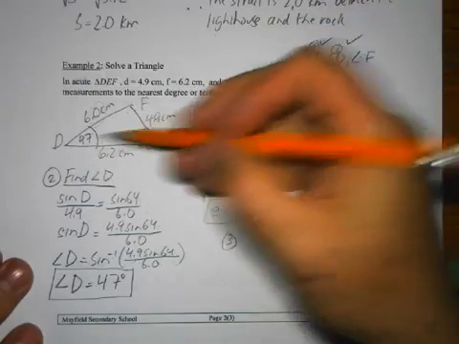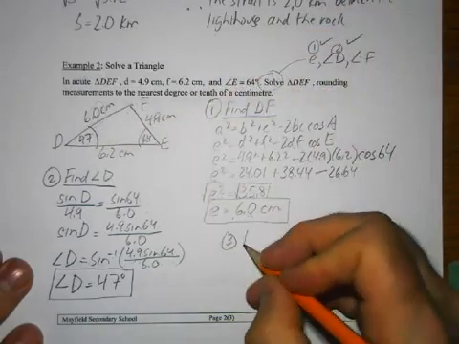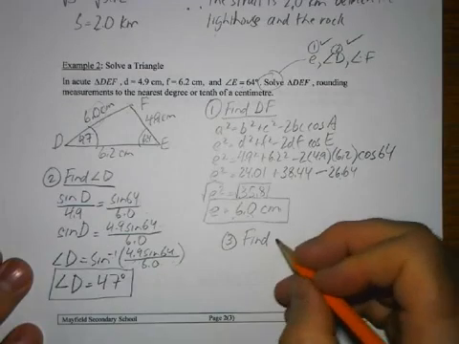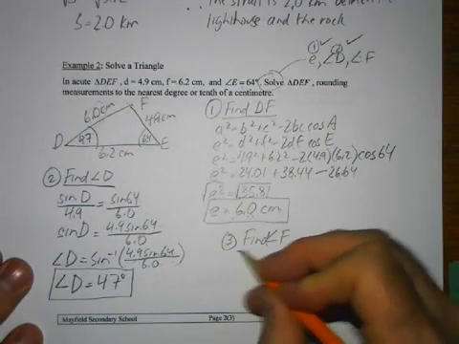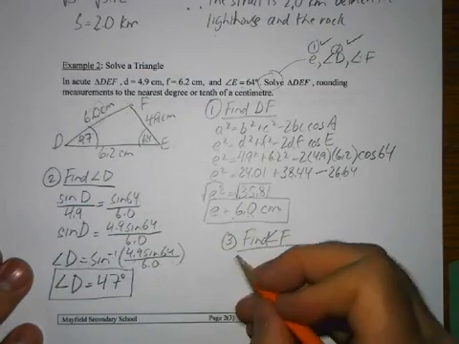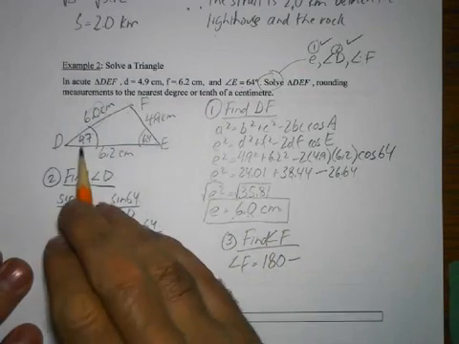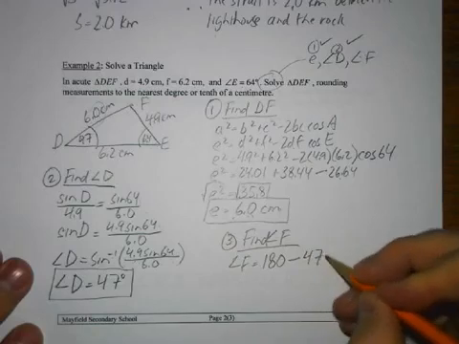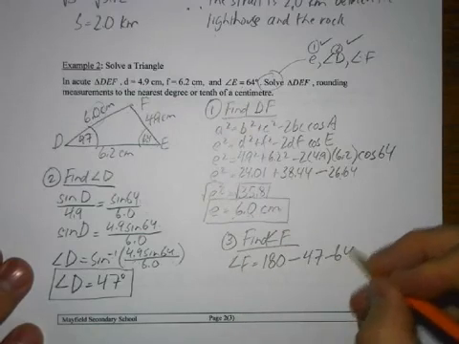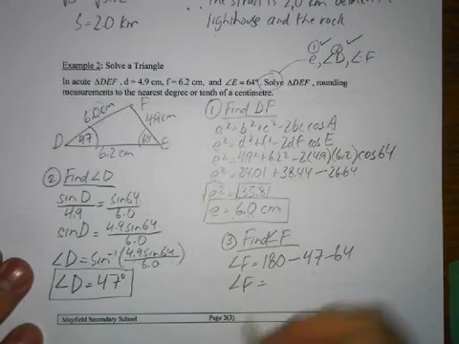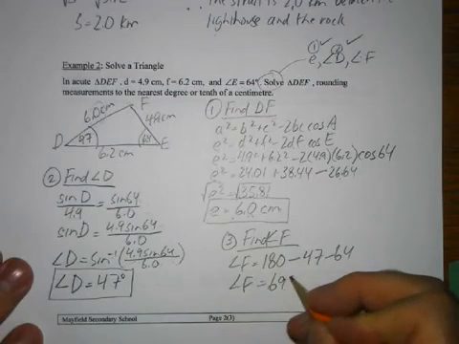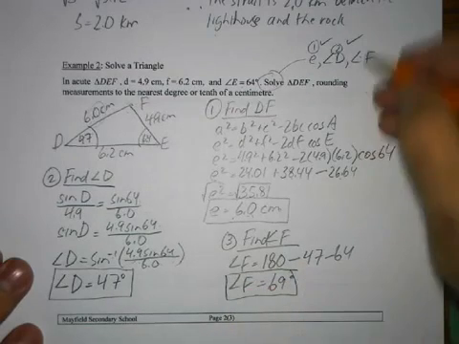So that's what we're going to do here. We're going to find angle F. So the angle F is going to be equal to 180 minus 47 minus 64, and that works out to 69 degrees. There's my third piece.